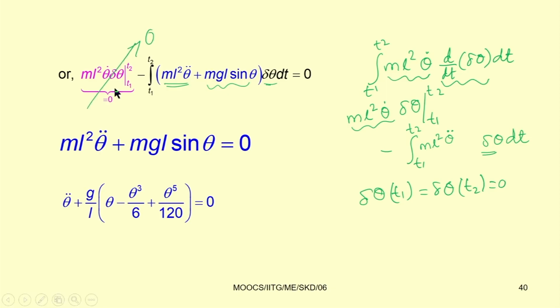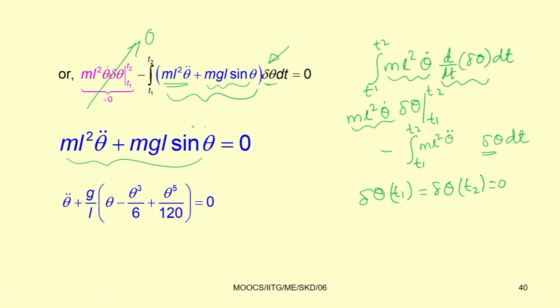Since delta theta is arbitrary, it cannot be 0, so for the integral to be 0, we must have this part equal to 0. This part is nothing but the equation of motion of the system. This way we can find the equation of motion of the system.